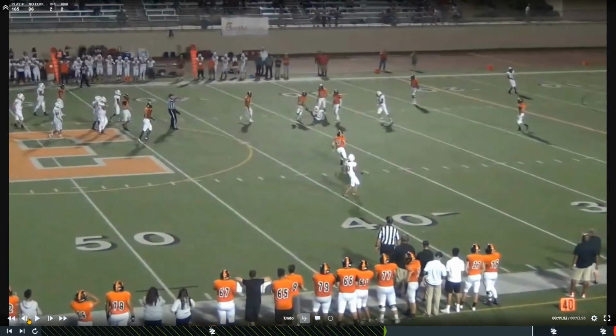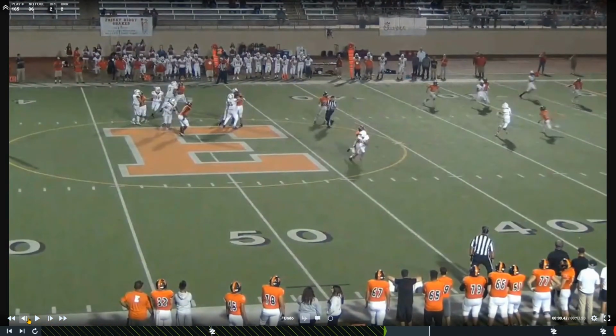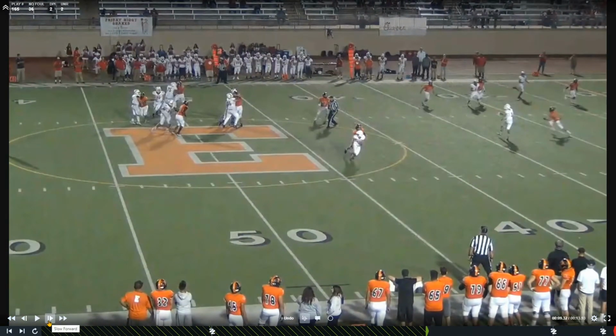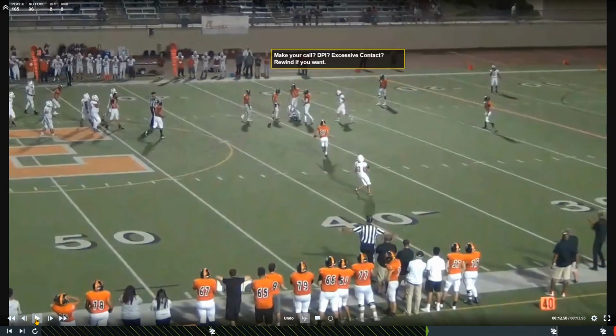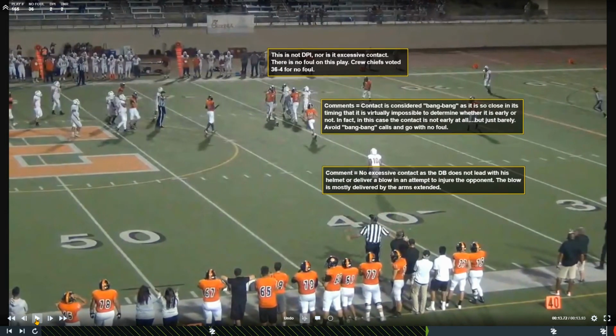But it also isn't that big of a hit. I mean, he's not rocking him. I'll do it in real time. Okay, his hands are out, so I don't have a problem with a no call here. But I also wouldn't have a problem with the excessive contact foul if you decided that it was excessive contact. All right, next play.